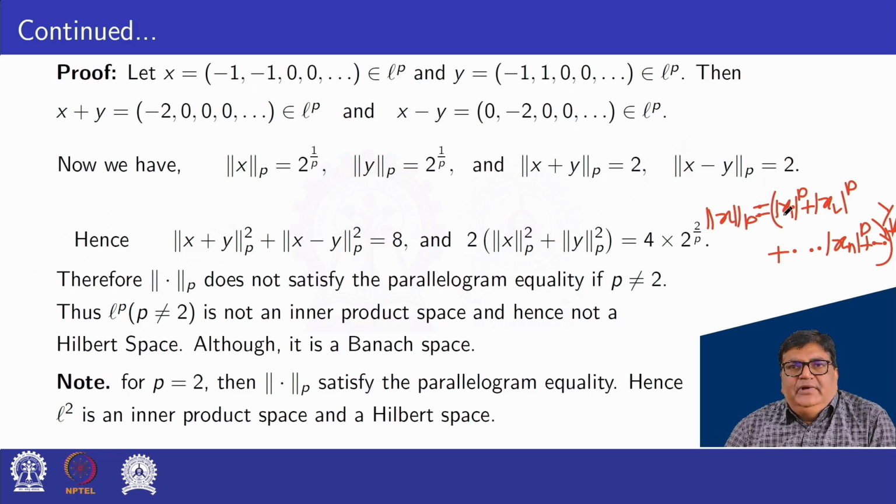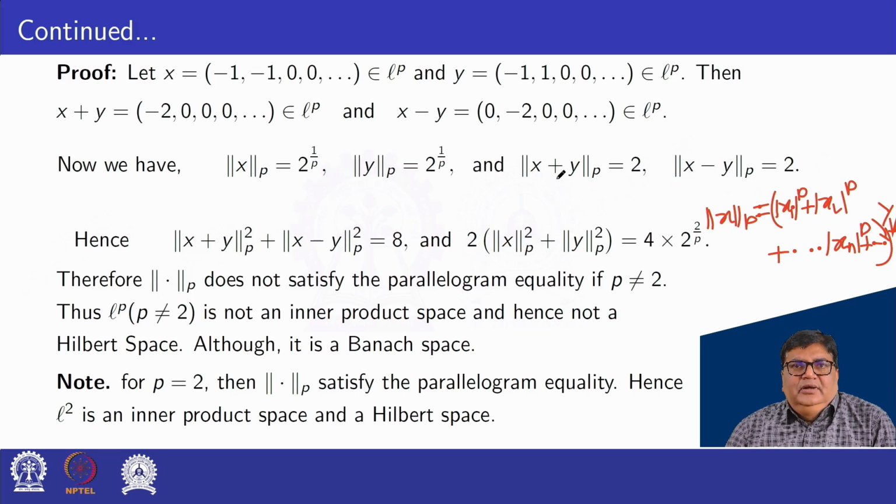Here mod -1 power p is 1, mod 1 power p is 1, again mod -1 power p is 1, and 0, 0, 0. So 2 whole power 1 by p, that is norm x equals 2 to the power 1 by p. Similarly, the p-norm of y is also 2 to the power 1 by p.